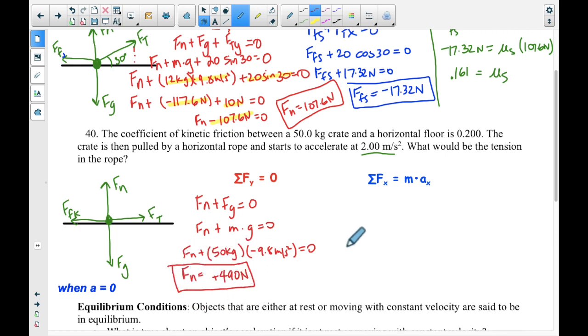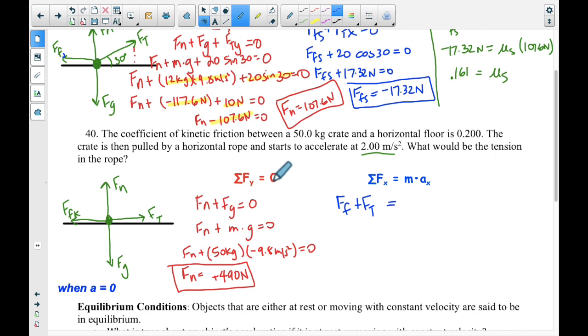Now we need that because when we talk on this side, we're going to talk about our frictional force, and frictional force depends on the normal force. So the sum of the forces in the x direction are the frictional force and the force of tension. This time it's not stationary.